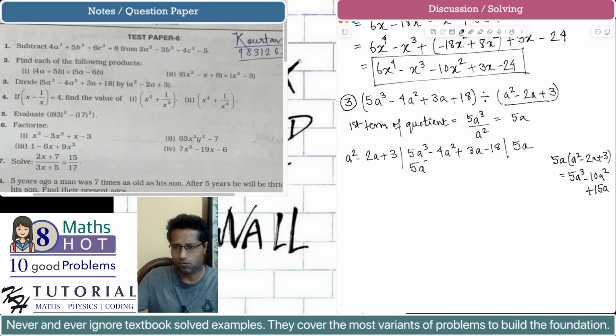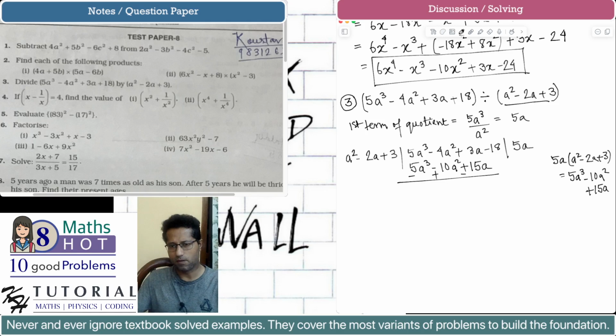So 5a cube minus 10a square plus 15a. This needs to be subtracted from the dividend. So the signs will change when I am subtracting: minus plus, that is the sign of the terms of the product, minus.